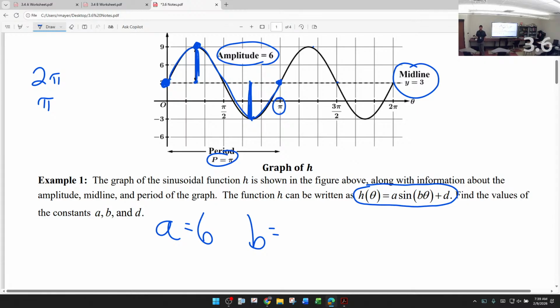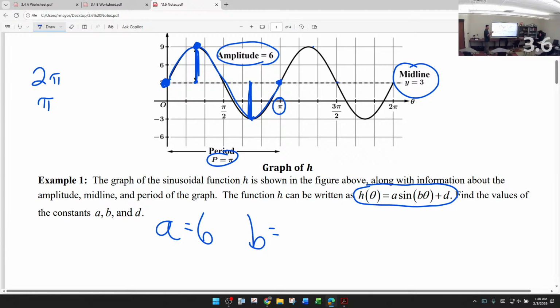So this graph is going twice as fast. Normally I get to 2 pi for 1 period. But when I get to 2 pi on this graph, I've already done 2 cycles. 1, 2. So because it's going twice as fast, that period changes.